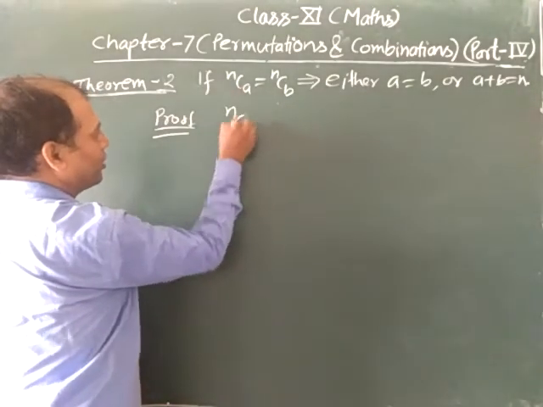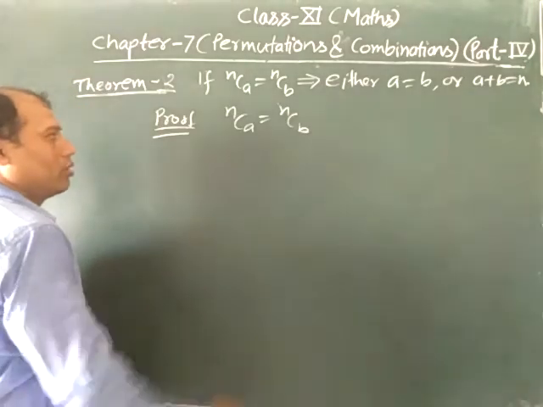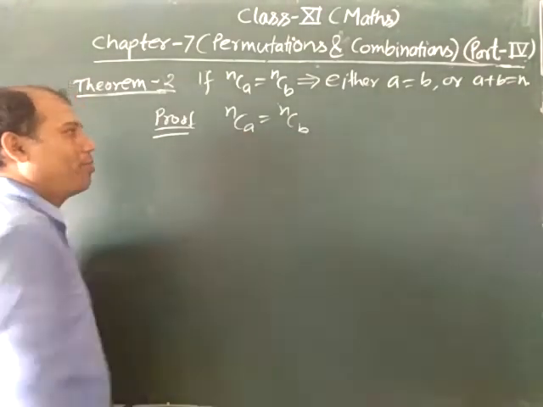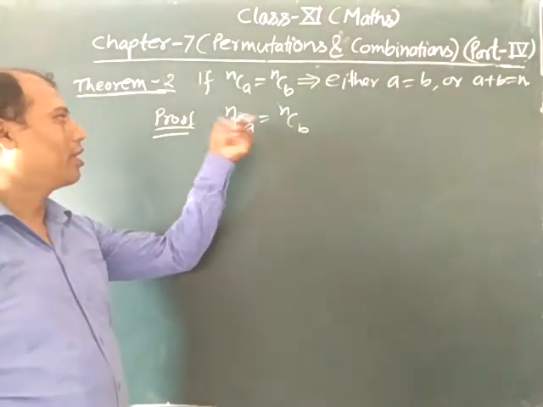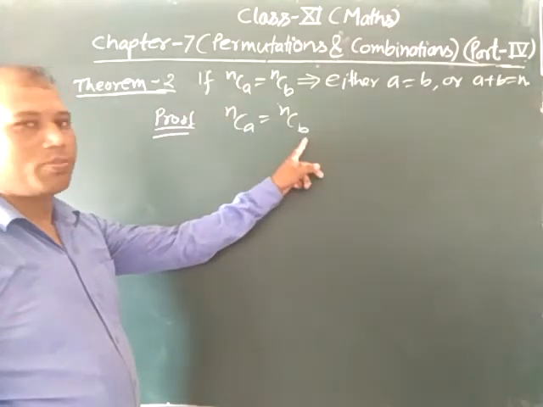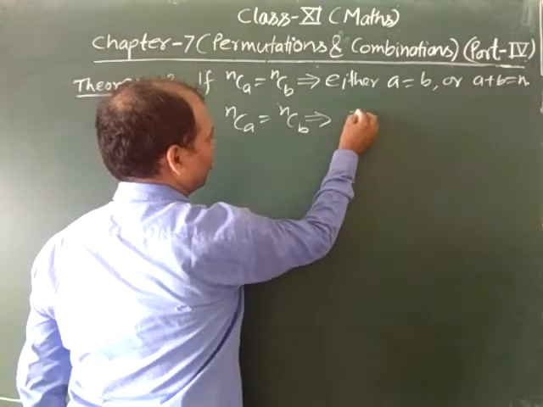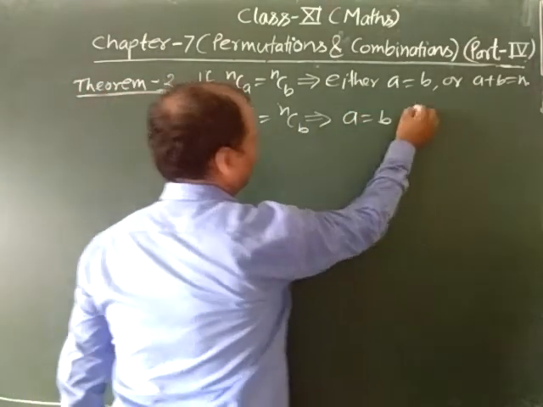Here nCa equal to nCb, then we can compare both of these. We can take a equal to b by comparison.